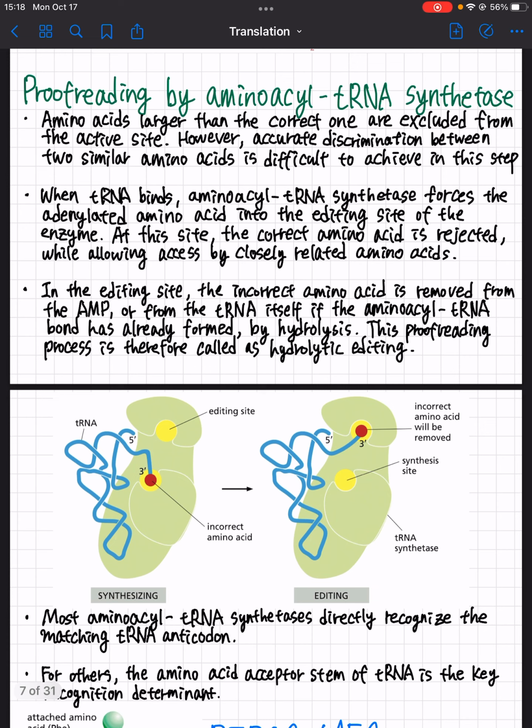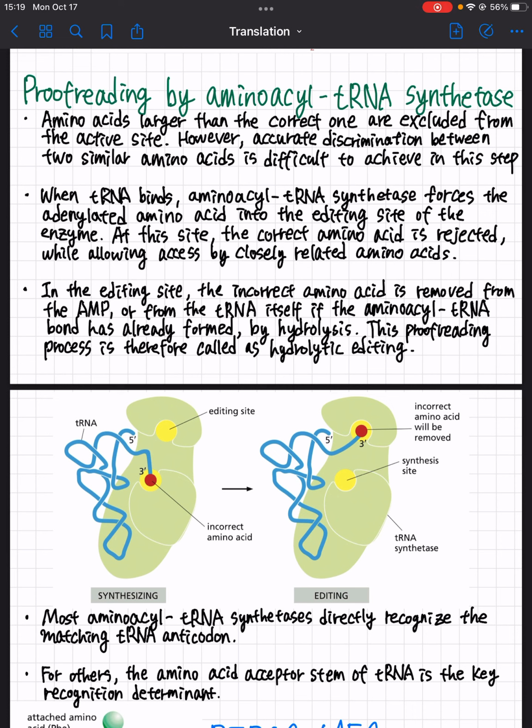So, several mechanisms working together ensure that an aminoacyl-tRNA synthetase links the correct amino acid to each tRNA. Most synthetase enzymes select the correct amino acid by a two-step mechanism. The correct amino acid has the highest affinity for the active site pocket of its synthetase and is therefore favored over others.